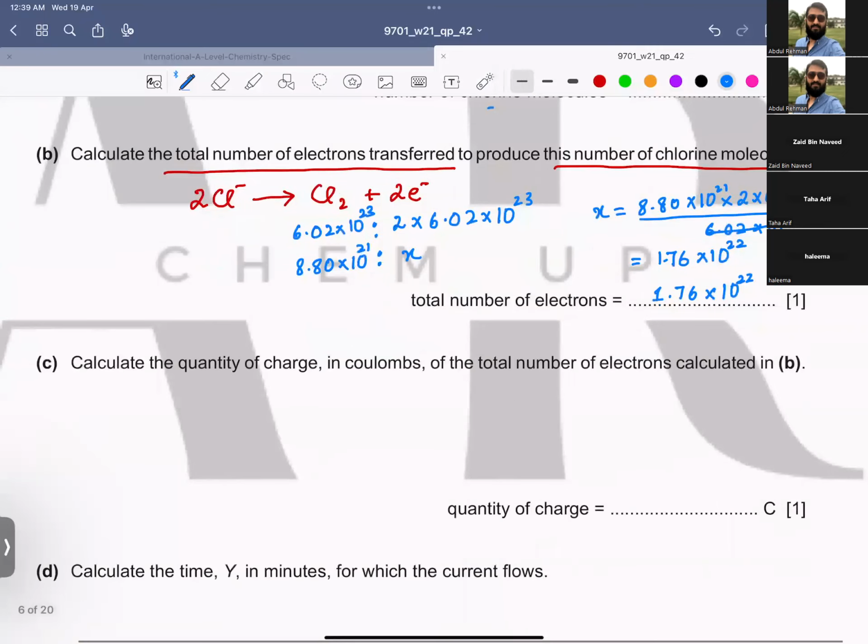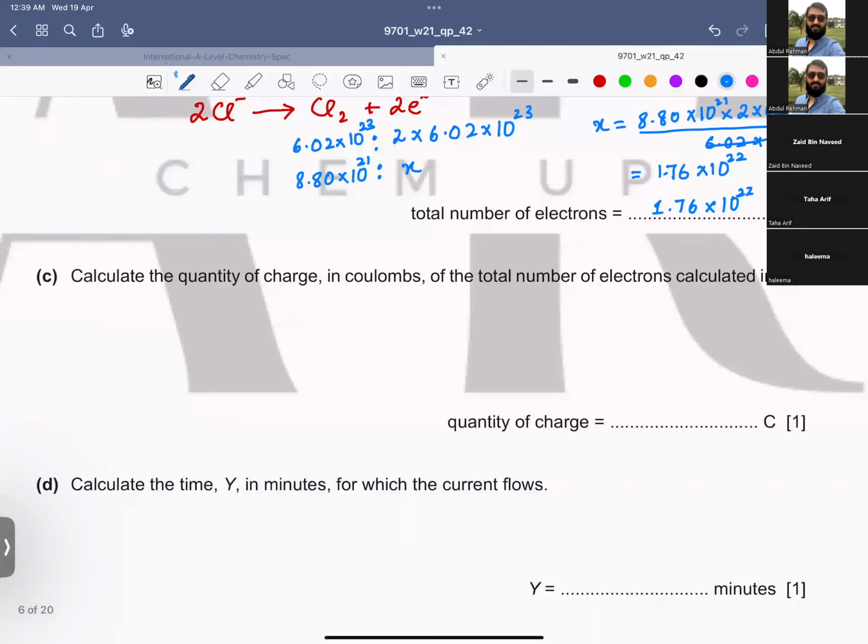Then in the next part, calculate the quantity of charge in coulombs of the total number of electrons calculated in the previous part. We know if the number of electrons is 6.02 exponent 23, then the charge is 96500 coulomb.